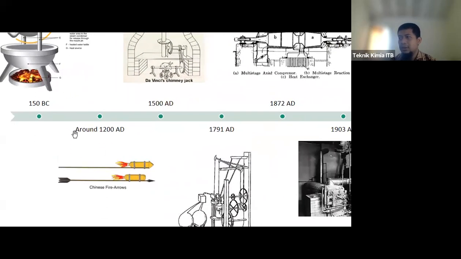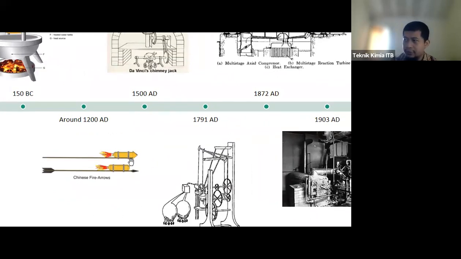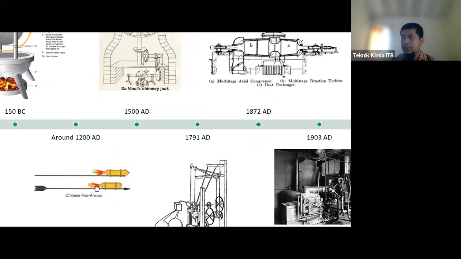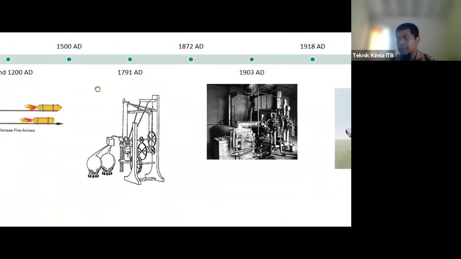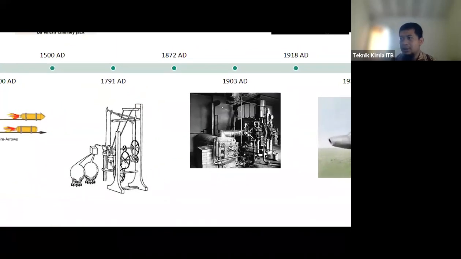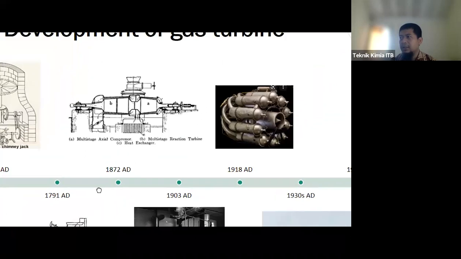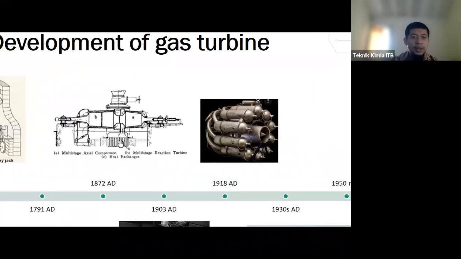And then when this system is combined with this one, around 1280, we know the Chinese fire arrows, and then around 1580, Da Vinci designed this one, maybe never experimented in physics. And then 1790, I forgot his name, it's from Germany. He designed a kind of heat engine here, and then in 1872, this system was well developed in Germany.